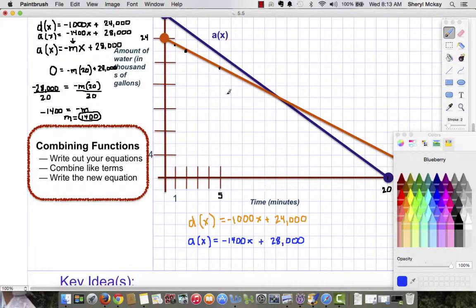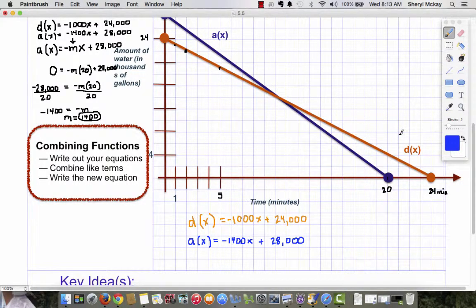We have d of x in orange and a of x in blue. And what is being asked is, what if we use both pumps to drain both pools? Will we be able to drain? What will the new function be? Will we be able to combine the efforts and perhaps drain the pools faster or not?